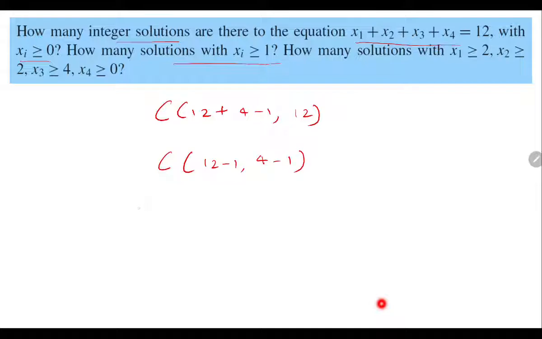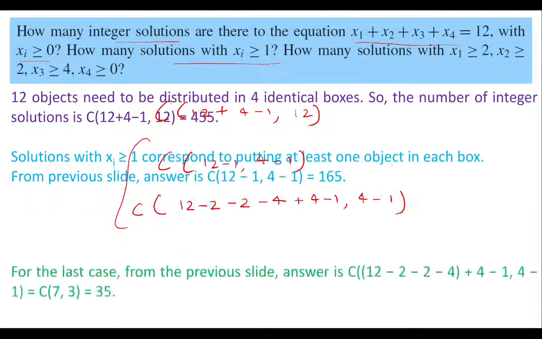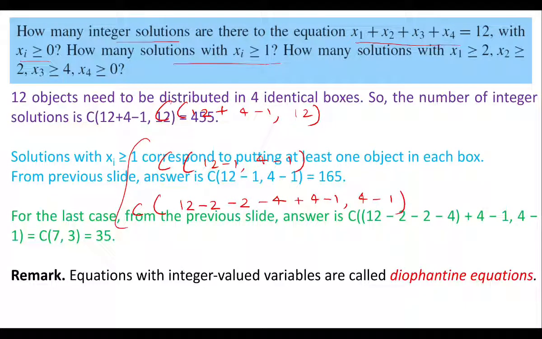And the last one is C(R minus R1 minus R2 and so on, ...). So C(12 minus 2 minus 2 minus 4 plus 4 minus 1, 4 minus 1). Yes, I have just used the formulas which we discussed in the previous slide. Equations which have integer valued solutions are known as Diophantine equations.